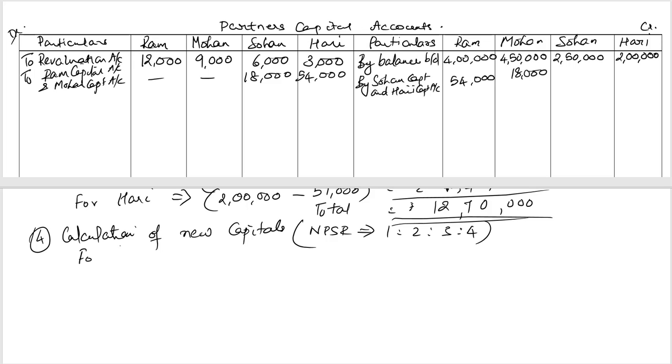So for Ram, the new capital is the total of the adjusted capitals, 12,70,000 rupees, into 1 divided by 10, which is 1,27,000 rupees.